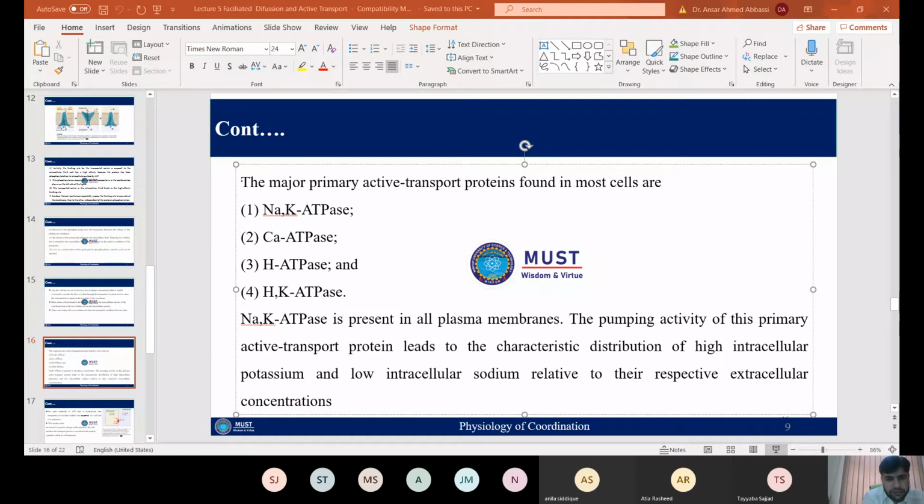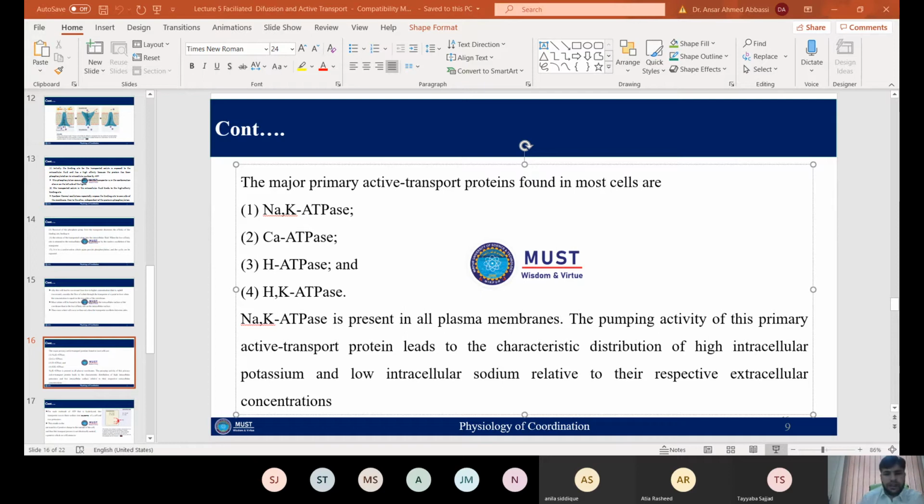It will actually distribute the sodium and potassium unequally to the two sides of the membrane. I mean, potassium will be high towards the intracellular side, and sodium will be high towards the extracellular side relative to their intracellular concentration.